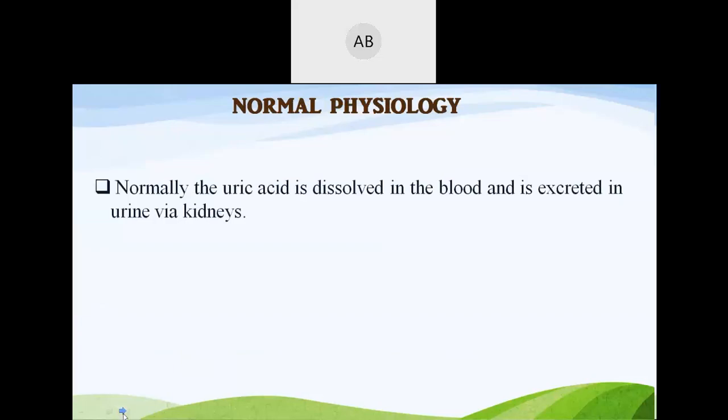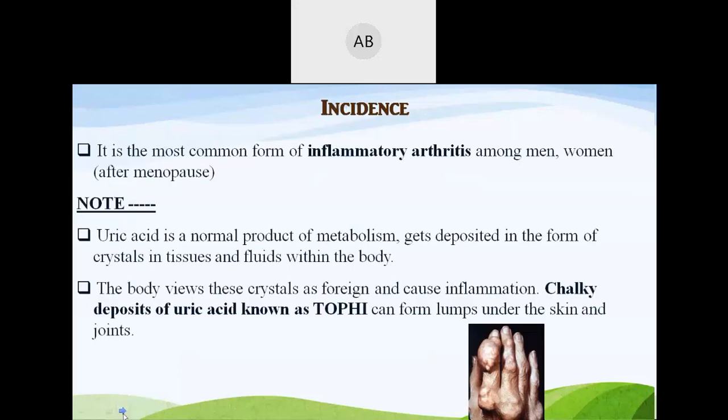It is filtered by the kidneys and excreted in the urine. But in this condition, because of the abnormal protein or purine metabolism, more and more excess uric acid will be collected, and that will result in urate crystals. Okay, so the crystals will be deposited in the joints, especially in the greater toe.